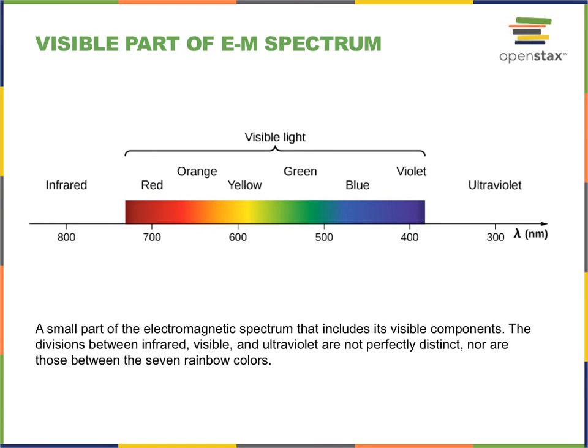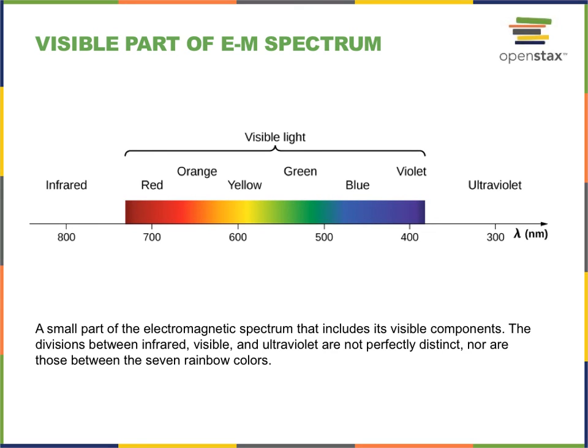Just focusing on the visible part, if you have a scale, it is a very small sliver of the entire spectrum, but it's just the particular wavelengths and frequencies that we can detect with our naked eye. We usually say, in a very general way, as your book points out, that the boundary between different types of radiation is not a sharp boundary, but a soft, fuzzy boundary.